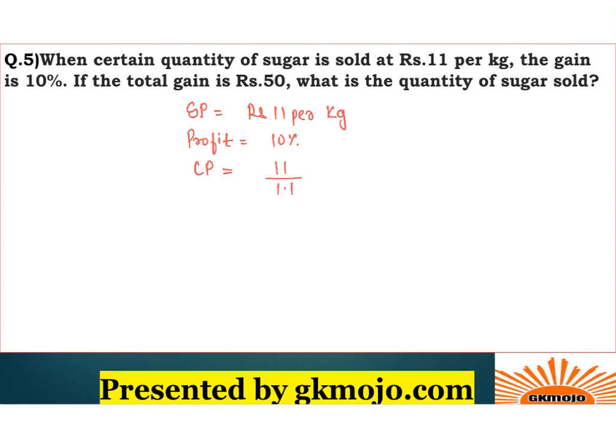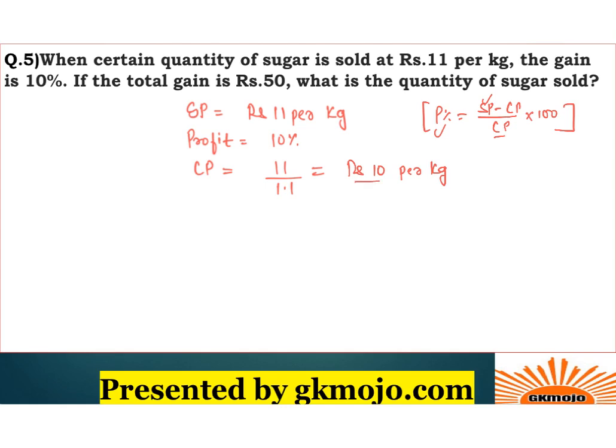All right, so dividing 11 by 1.1, you'll get rupees 10 per kg over here, right? You found out the cost price because profit percent is equal to selling price minus cost price upon cost price into 100, right? So you know the value of profit percent, you know the value of SP over here, and you can find CP. All right, so you get the value of CP as rupees 10 per kg.